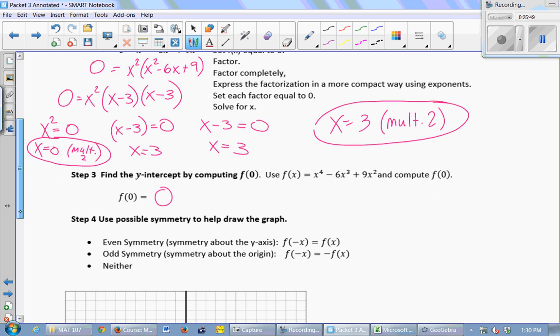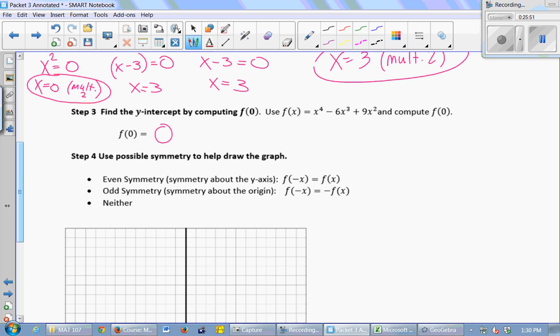All right, and then the last step is find out if there's any possible symmetry to help you graph the function. Because if it has some kind of symmetry, you only have to figure out what half of it looks like. The other half is a reflection. So let's see, if I plug a negative x in here, I get negative x to the 4th minus 6 times negative x cubed plus 9 times negative x squared.